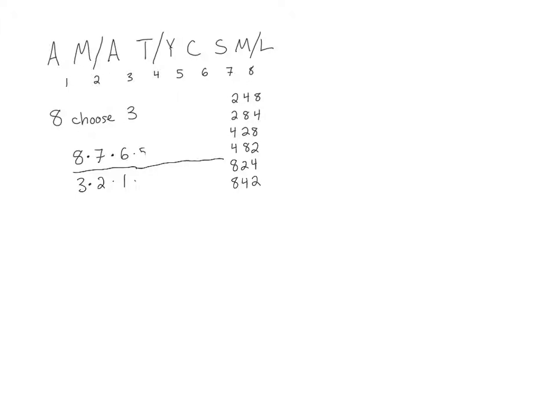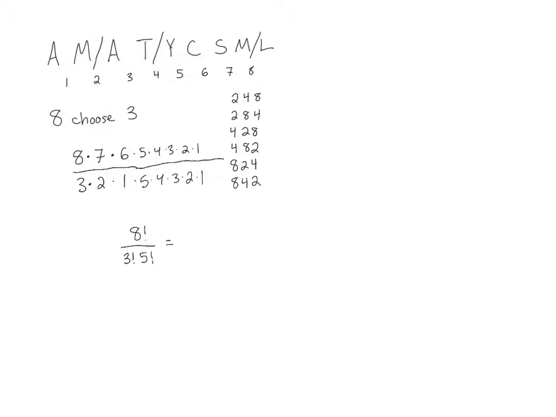We can multiply the top and bottom times 5 times 4 times 3 times 2 times 1, which might seem excessive, but if we do that, we notice that the numerator is the product of all of the whole numbers from 8 down to 1. That's 8 factorial. And then the denominator is 3 factorial times 5 factorial.